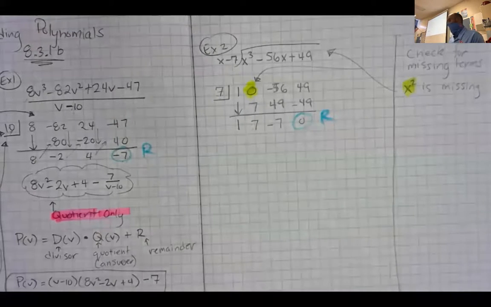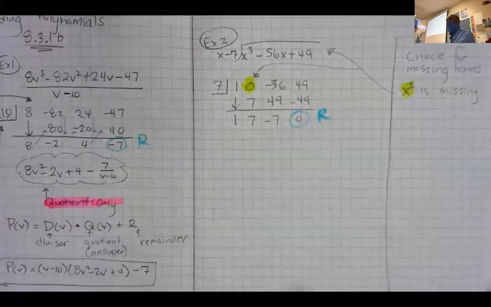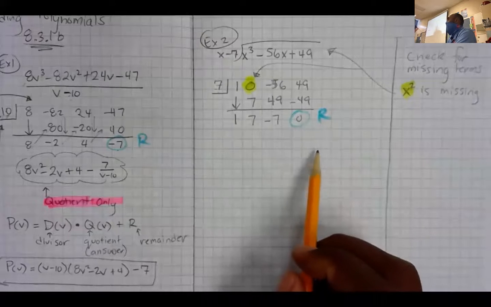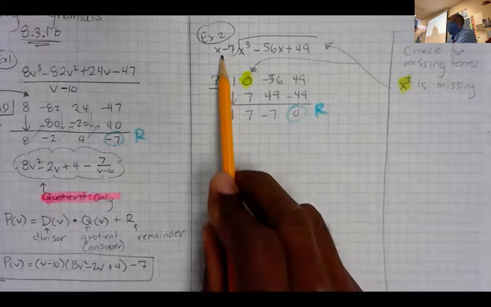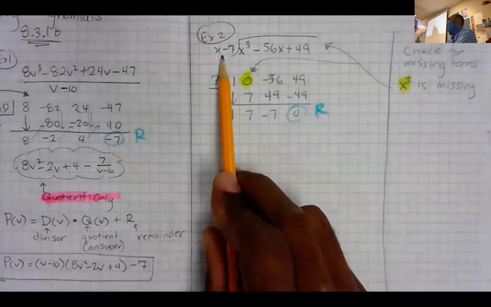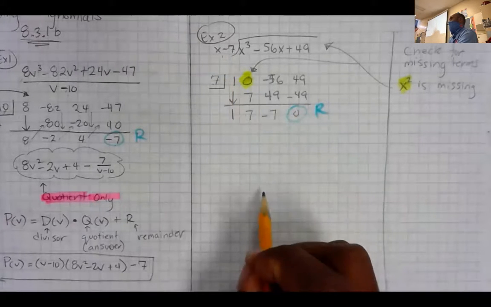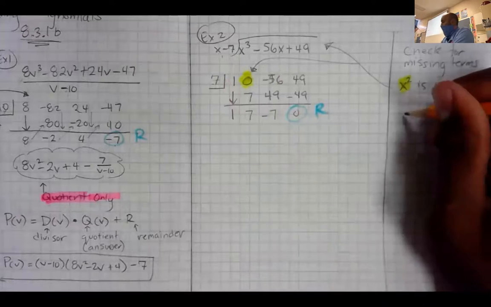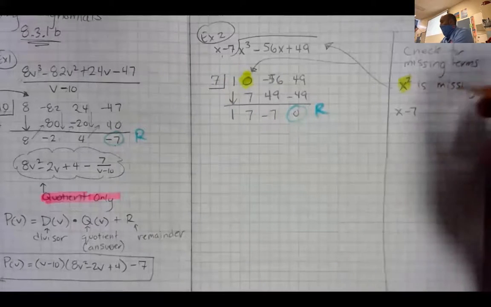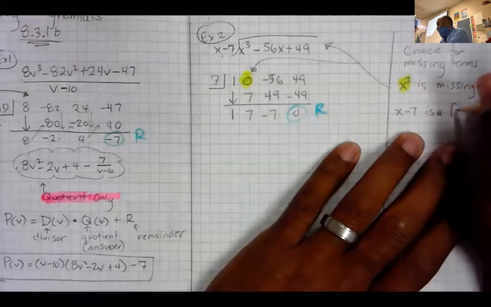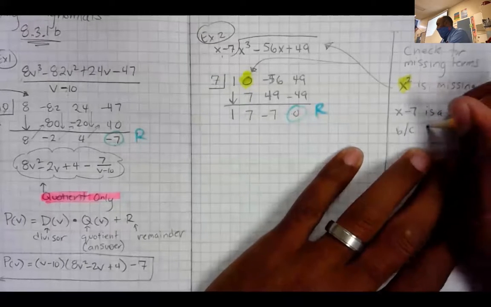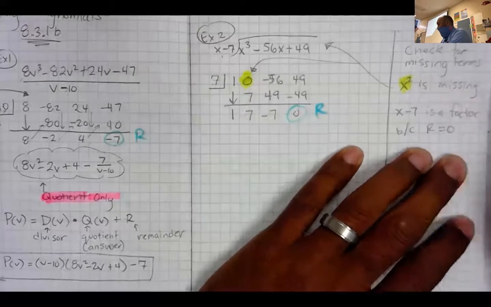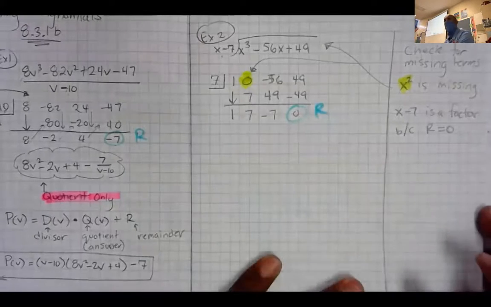All right, so let's answer some questions before we go on. If the remainder is 0, what does that tell us about the divisor or the factor? What does that tell us about x minus 7? Is it a factor or not a factor? Yeah. So x minus 7 is a factor because r equals 0, or remainder equals 0.